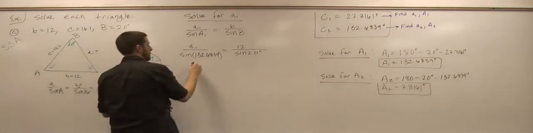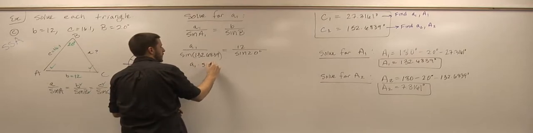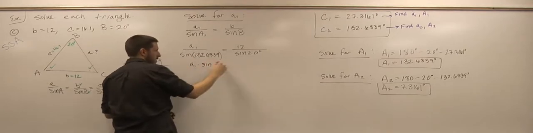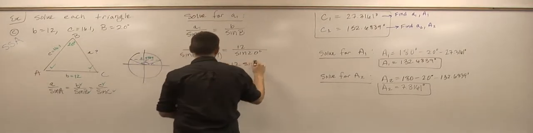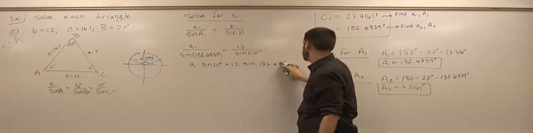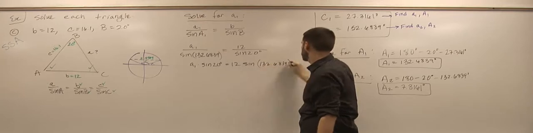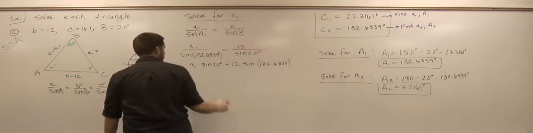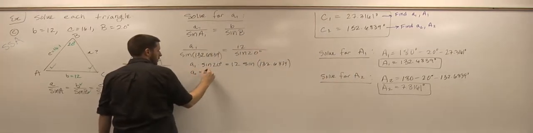Cross multiply: a1 sine 20 equals 12 sine 132.6839. Divide by sine 20.